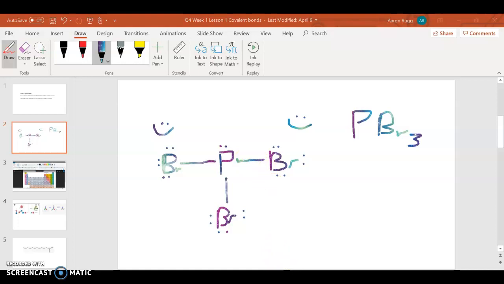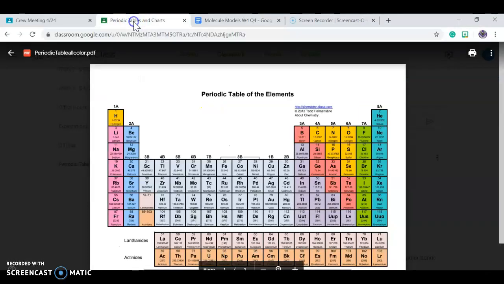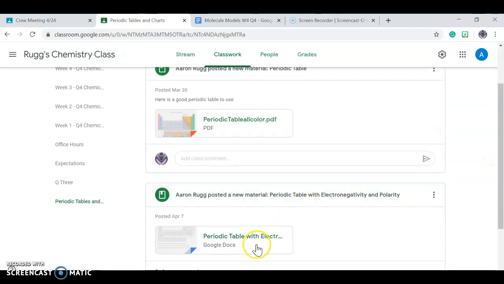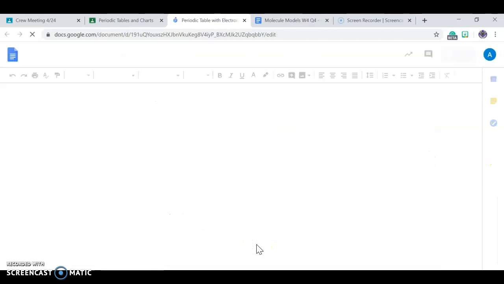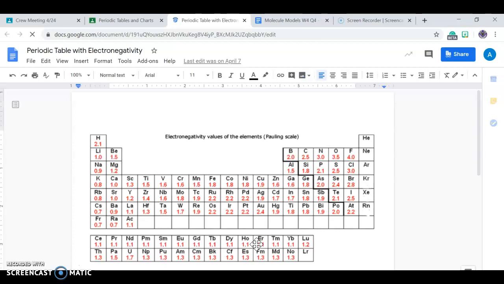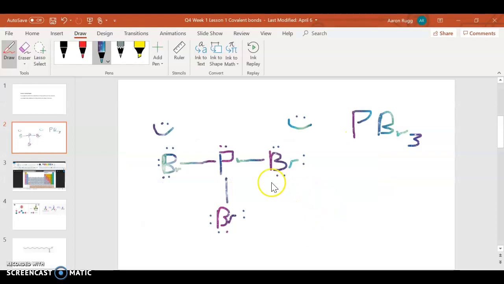So we go back to that periodic table we went over in week 2. Even without looking at this, I remember my trends. Bromine is more to the right, so it's going to be more electronegative, right? We draw these arrows towards the more electronegative atom.